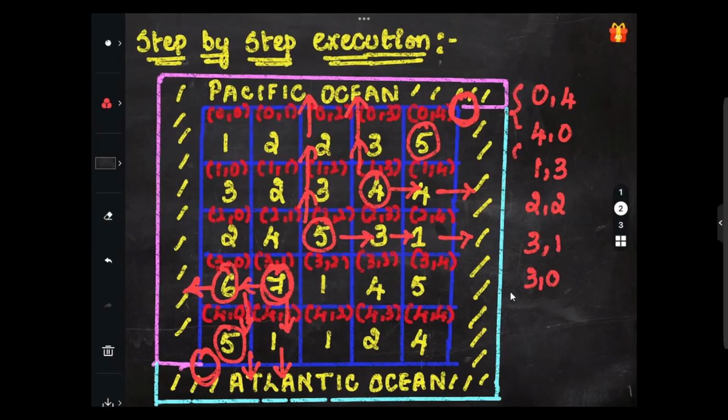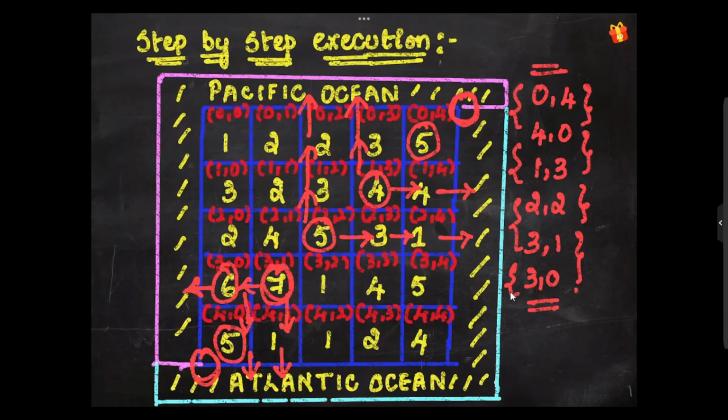These are the cells that meet the requirement of the question. We have already considered these coordinates. We need to return them, and the order doesn't matter. These are the coordinates that satisfy the condition in the question: 0, 4, 4, 0, 1, 3, 2, 2, 3, 1 and 3, 0.